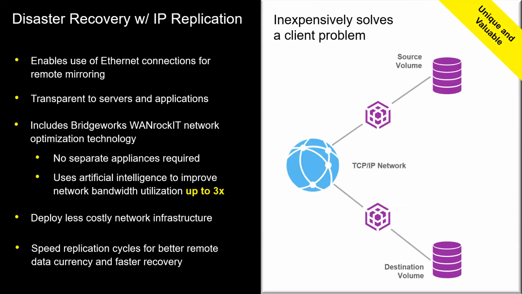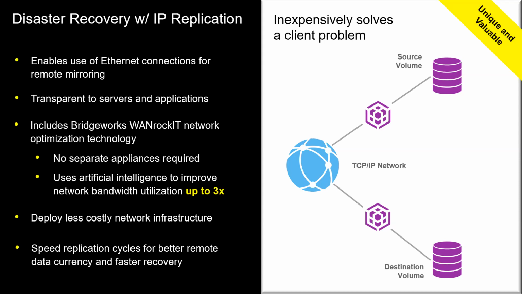All right, we do have disaster recovery with Internet Protocol replication. What it means is that this IP replication is more unique and beneficial, a capability which exists within the FlashSystem family. It basically enables you to use lower-cost Ethernet connections for remote mirroring.